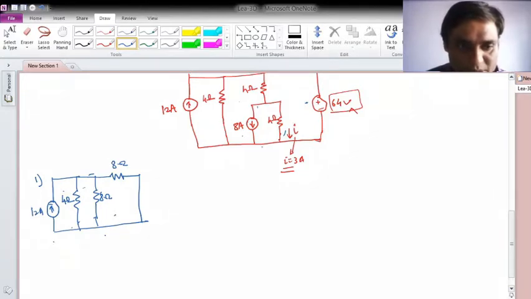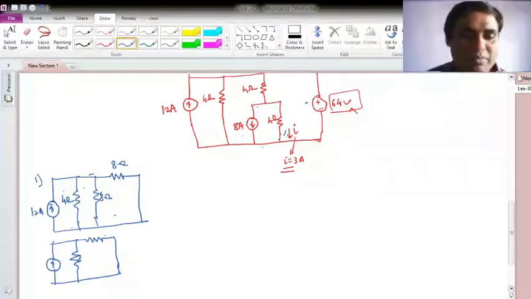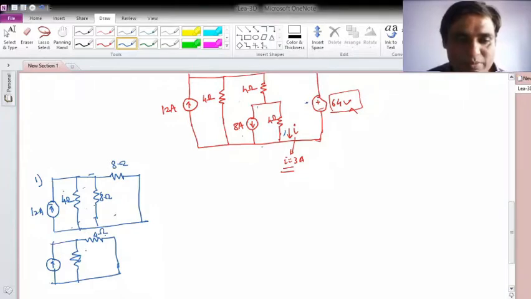So this is 12 ampere. Sorry, this is 8 ohm and 8 ohm in parallel. So what will be the equivalent resistance? It will be 4 ohm here, and it will be 4 ohm here.